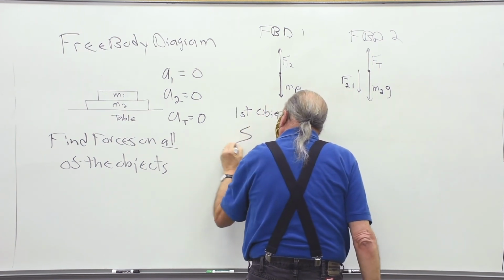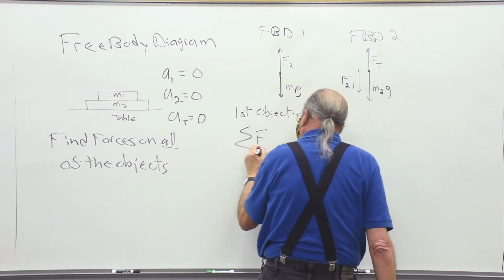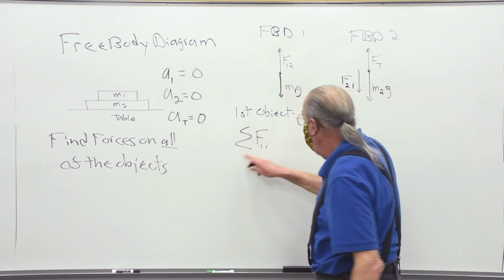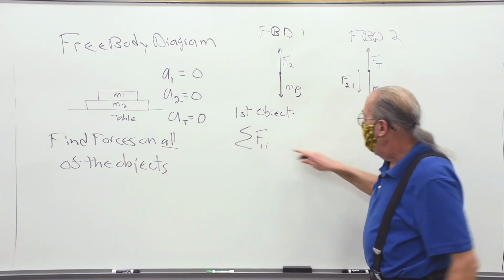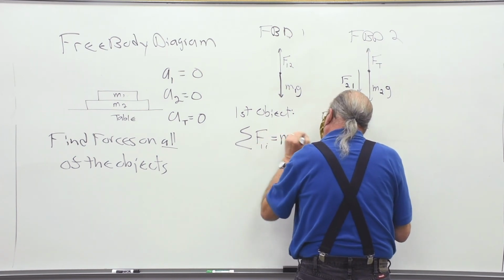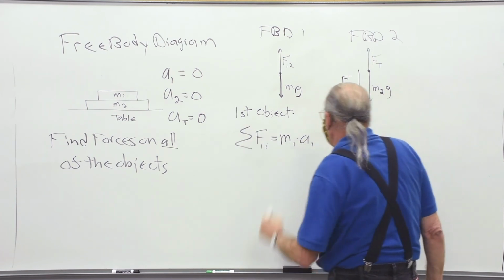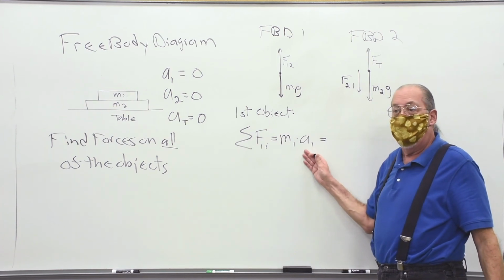So we come to here and we say, first object. The sum of all the forces on the first object from other objects is equal to the mass of that object times its acceleration. What the heck, I'll write it in. But while we're going here, what is A1?